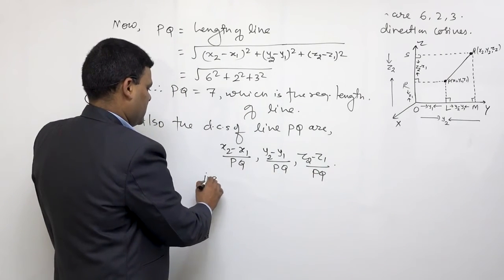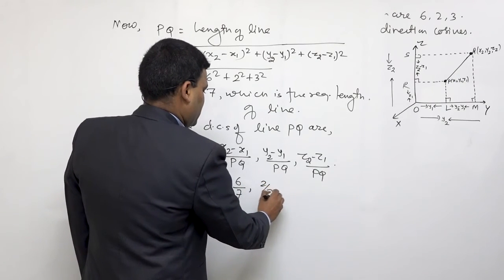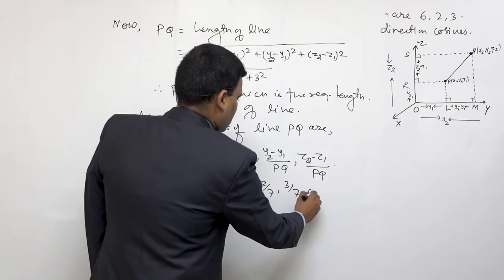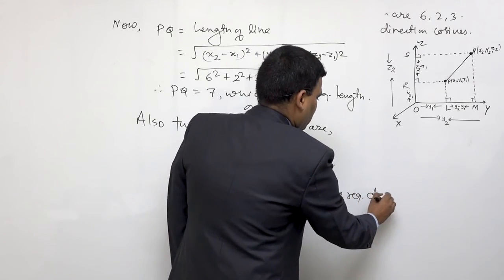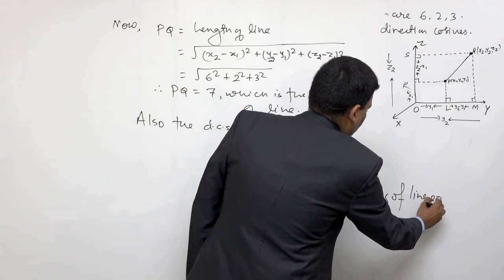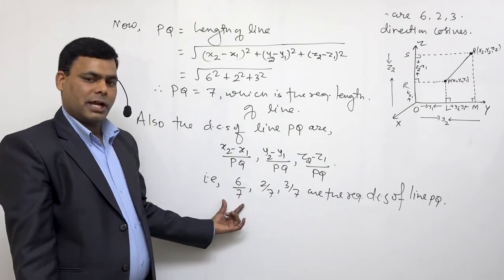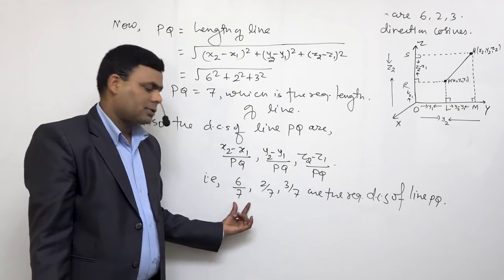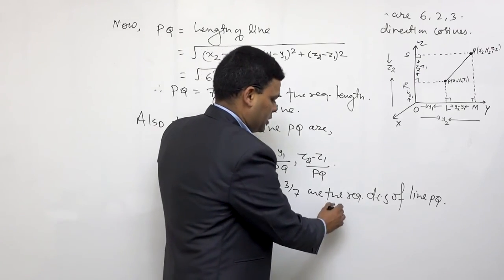That is 6 by 7, 2 by 7, 3 by 7, which are the required direction cosines of line PQ. In this way, we have shown that the direction cosines of the line PQ are 6 by 7, 2 by 7 and 3 by 7. This completes the solution.